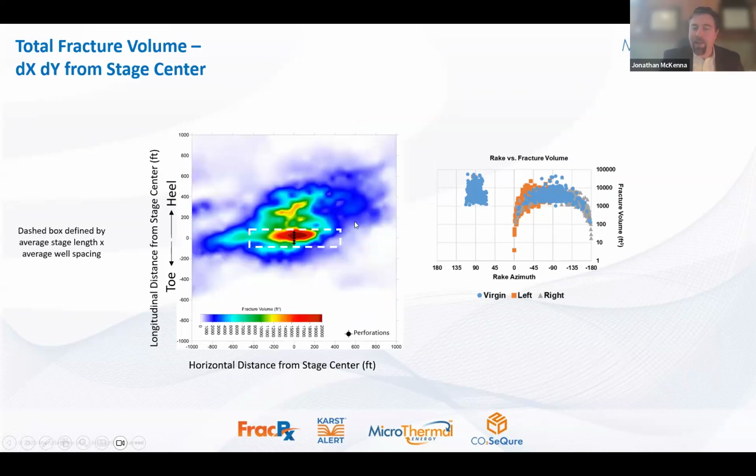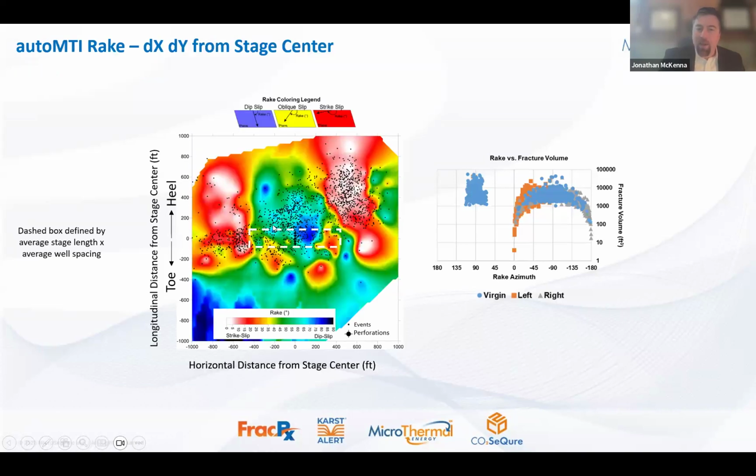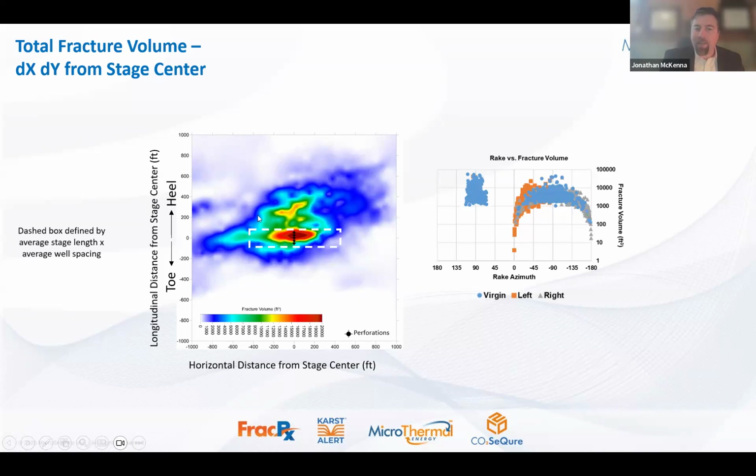And so when we carry that out to our total fracture volume that we've modeled, even though we have all these events occurring, a lot of them occurring on previously stimulated well bores, it turns out that the majority of the volume is actually where you have these dip slip mechanisms, and you're not creating a lot of volume with those strike slip mechanisms.